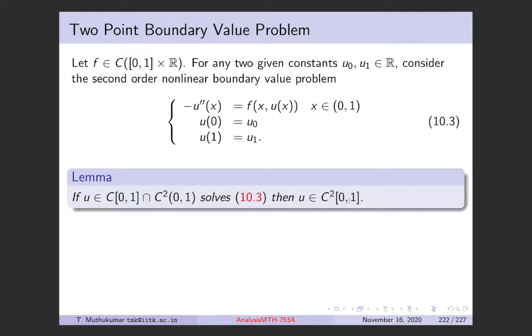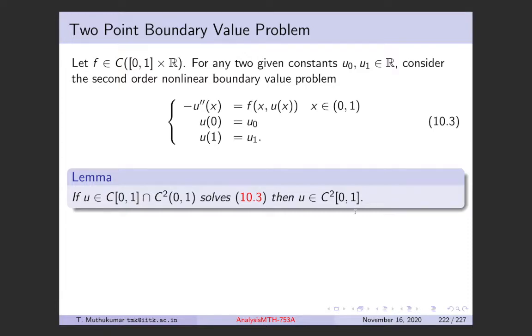What we mean here is that it is also twice differentiable at the endpoints. And when we say at the endpoints, we mean the one-sided limits. For 0, you take the right limit, and for 1, you take the left limit. Under that notion, u is also twice differentiable at the endpoints.